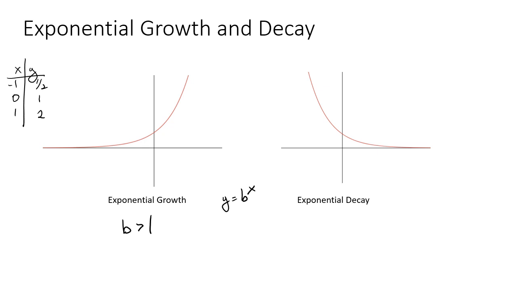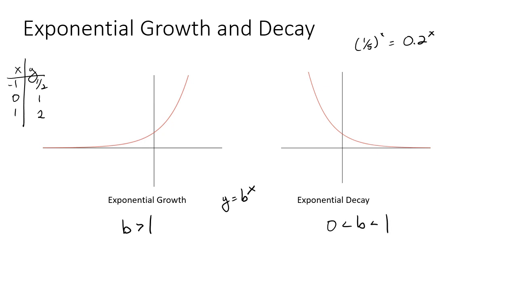We got exponential decay when we graphed 1/5 to the x. Or another way you could think about that, if you wrote it as a decimal, it would have been 0.2 to the x. And it turns out you will get exponential decay anytime your base is between 0 and 1.